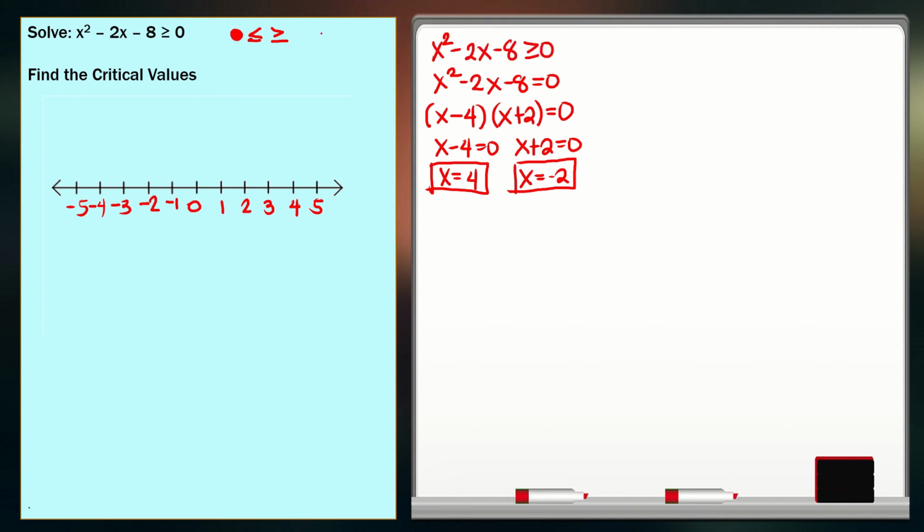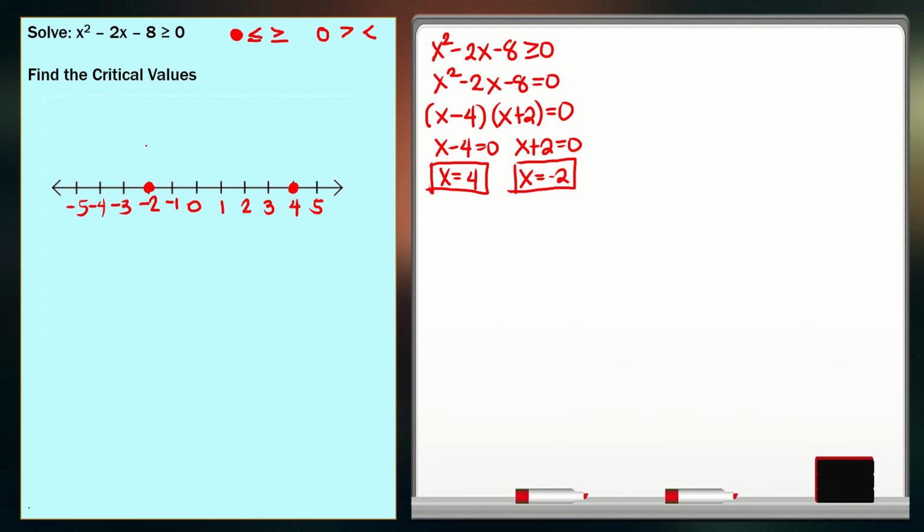In our previous example, we used a hollow circle because it used only greater than or less than. Okay? So here we'll use a solid circle for our critical values, so we shade these with a solid circle.